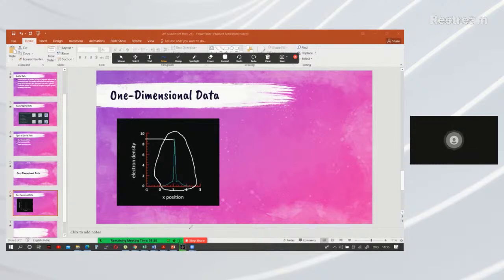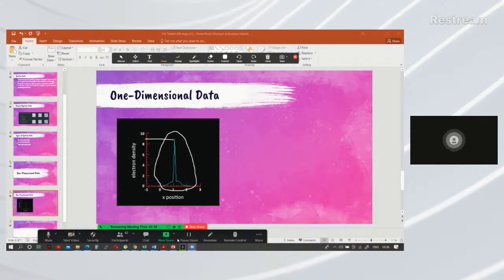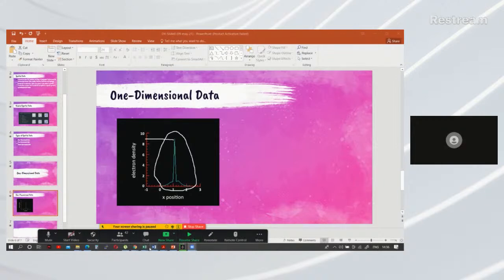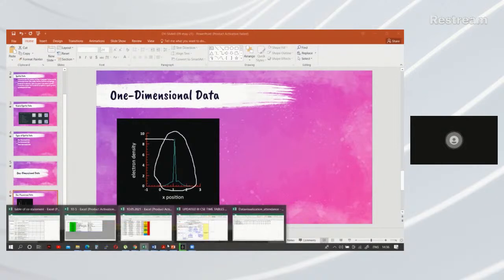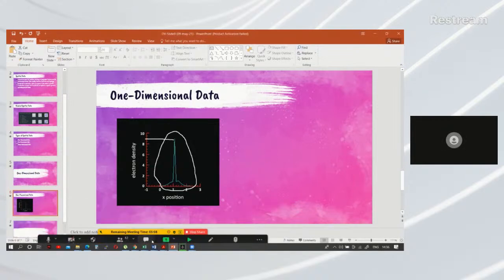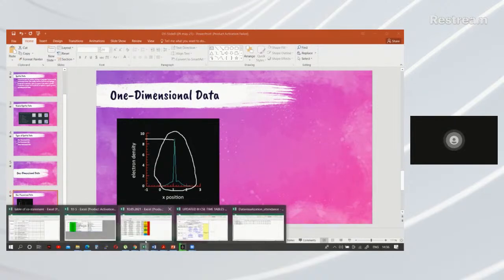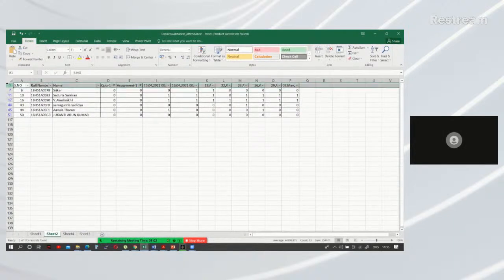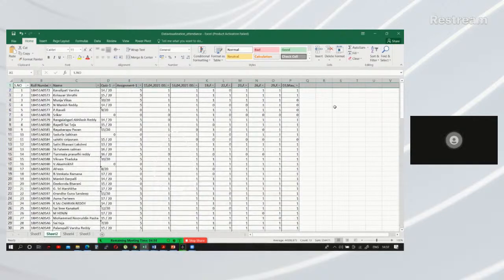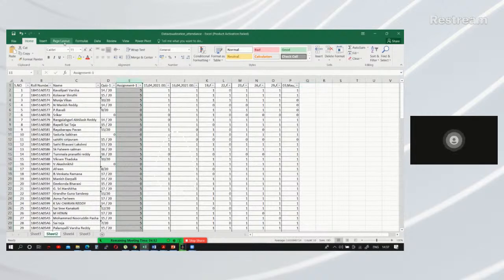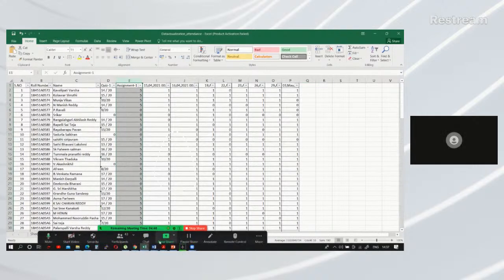Okay, so let us draw a line graph in Excel. I just want to open our own marks. Let us draw the line graph of it.